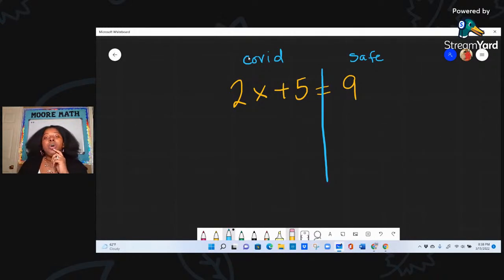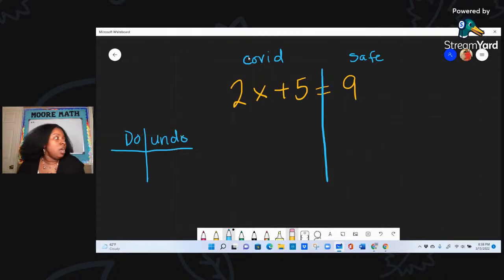Okay. So first things first, what operations do you see? When I say operations, I mean multiplication, addition, subtraction, division, right? So the first thing I see, and here's something that helps my students, the first thing I see is multiplication.